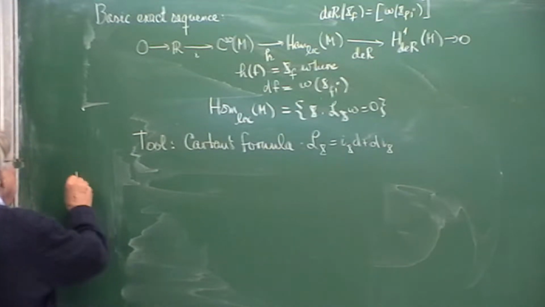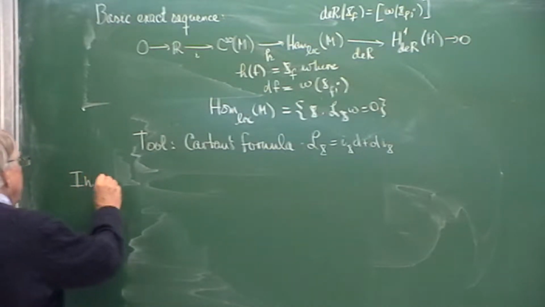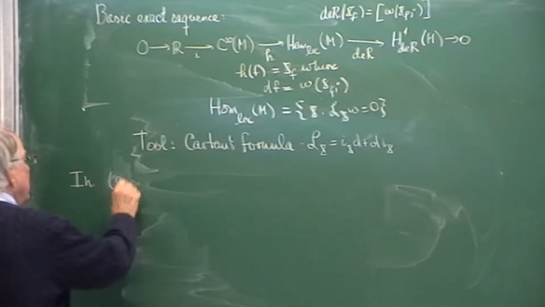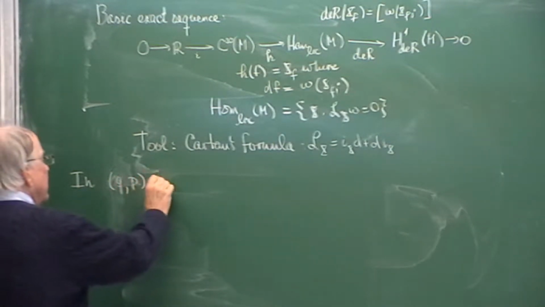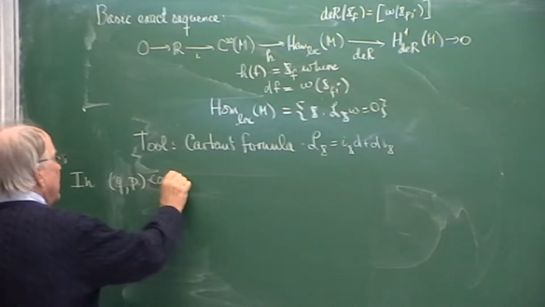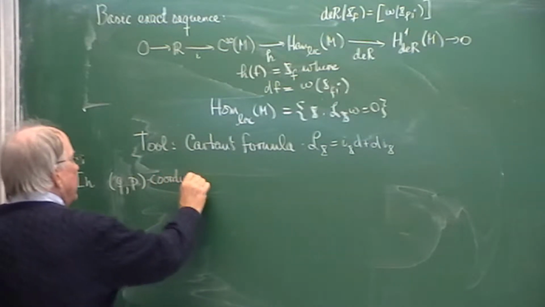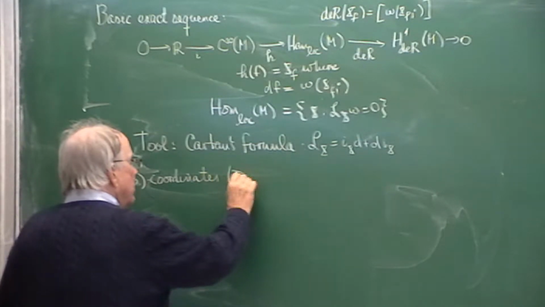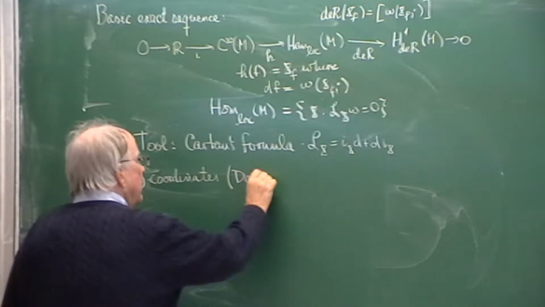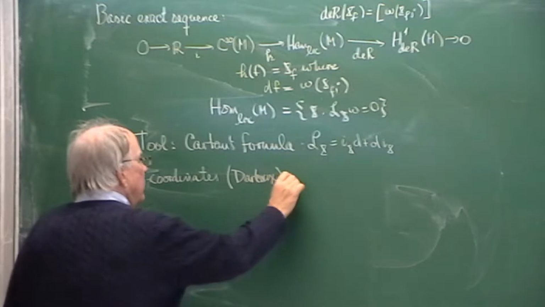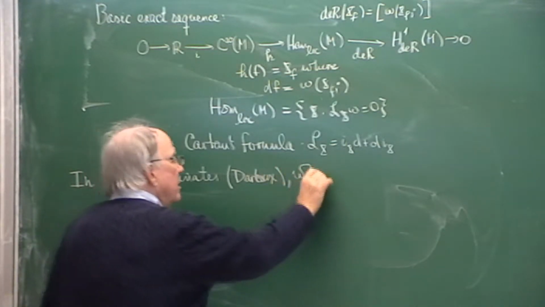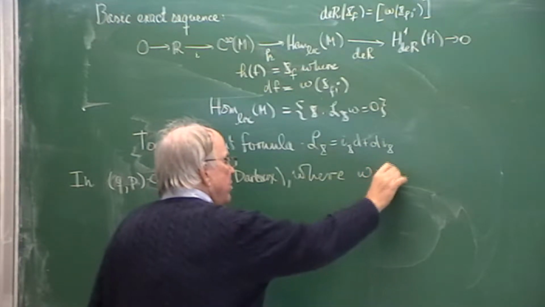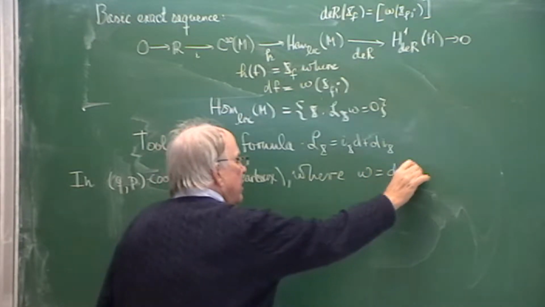And in coordinates Q, P coordinates, which we also have by Darboux, the symplectic structure is just dp wedge dq.